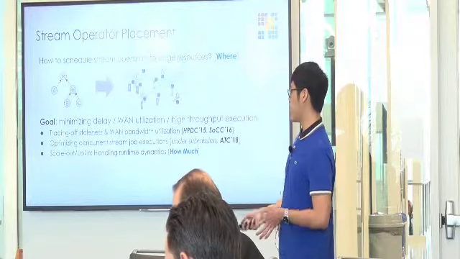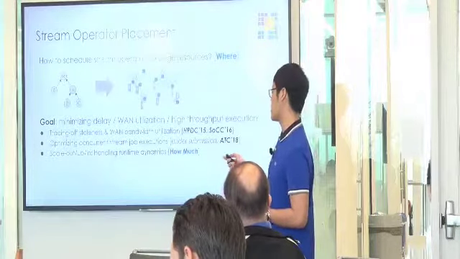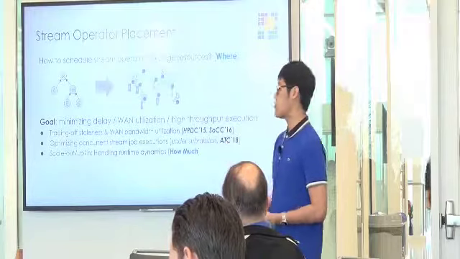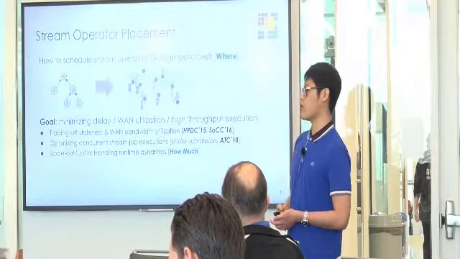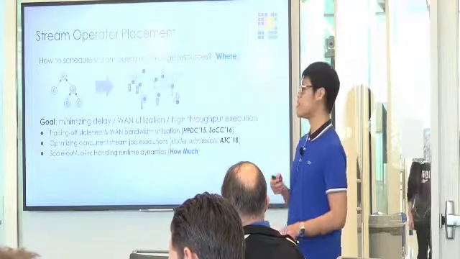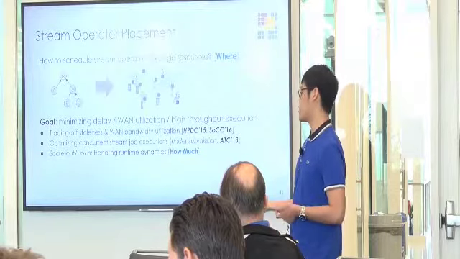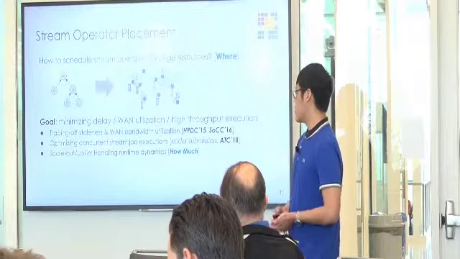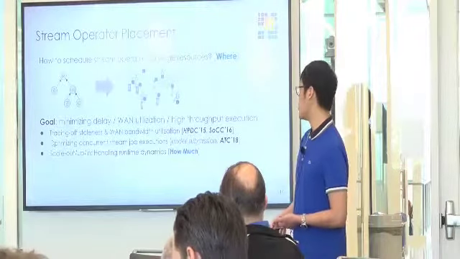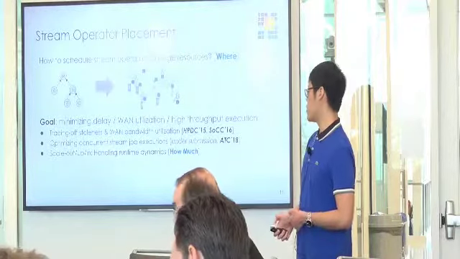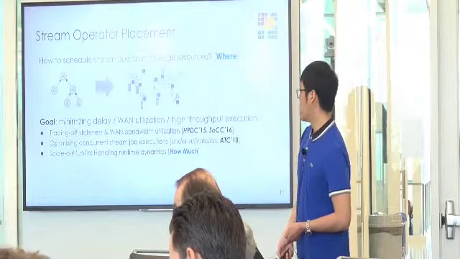But sometimes we cannot get an optimal decision for all of these metrics. So we also did an optimization where we try to optimize the trade-off between staleness and WAN bandwidth utilization for streaming analytics under certain constraints. We also did some optimization to achieve high throughput execution for multiple streaming job execution in a wide area environment.